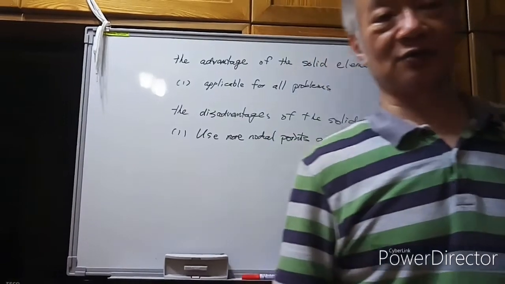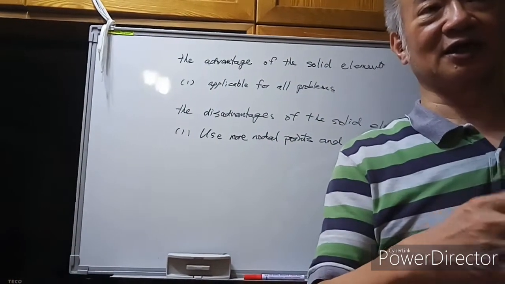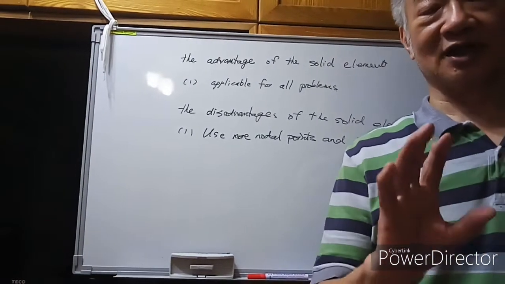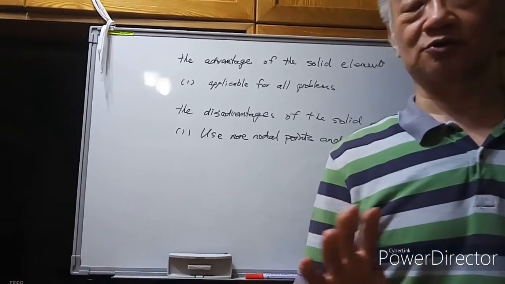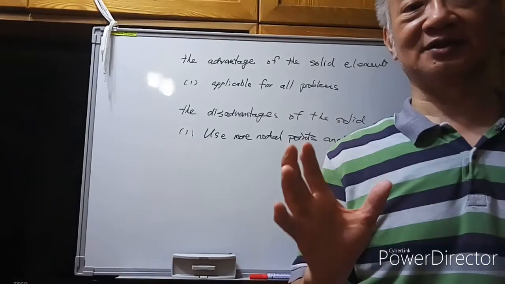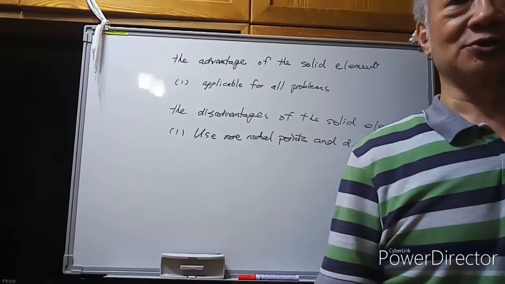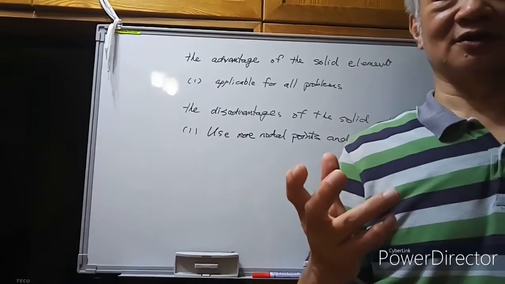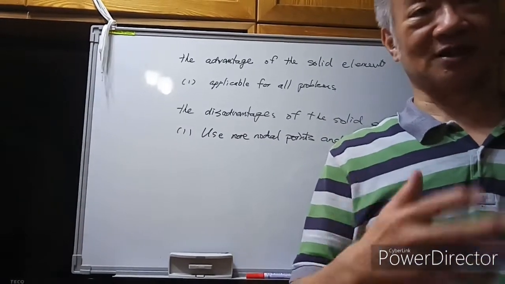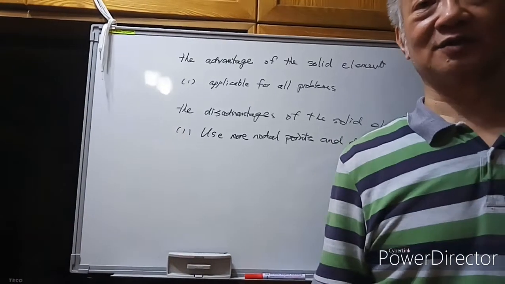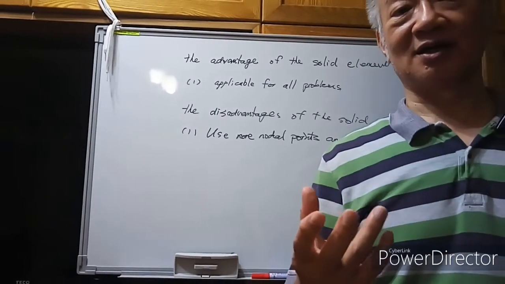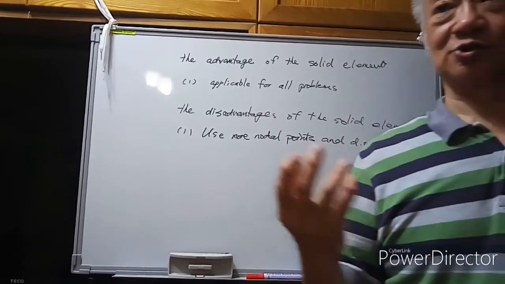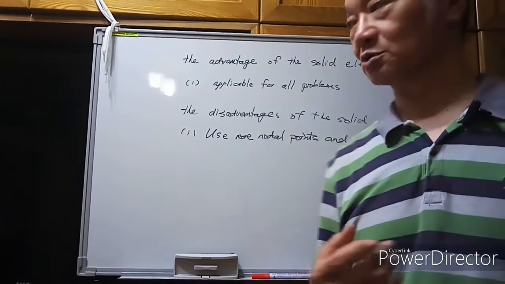If we remember, we need to define the elements to cover the entire structure. You cannot leave any part of the structure which is not covered by the elements. So sometimes you need to define a lot of elements, and the corresponding nodal displacements need to be assumed for the entire structure.